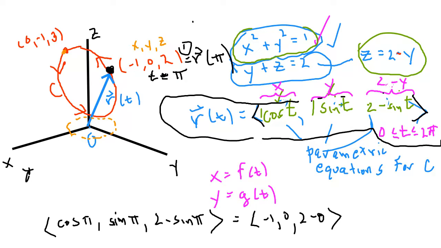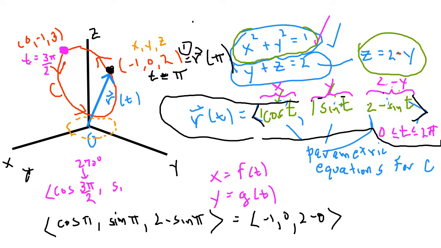What about this point up here? What t-value would go with that? Aura thinks 3 pi over 2. Let's check it out. Cosine of 3 pi over 2, that's 270 degrees, by the way.